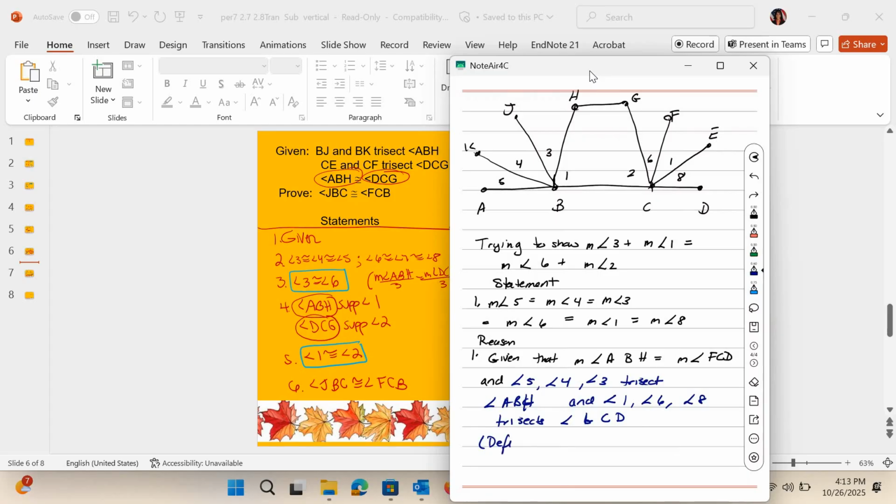Definition of trisects. All right, so that's my first reasoning.